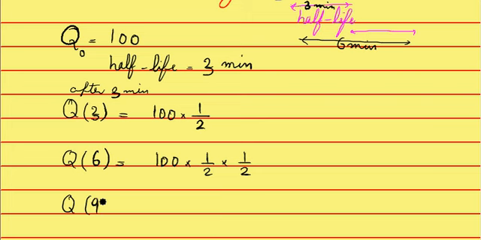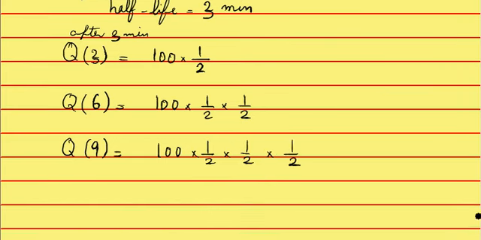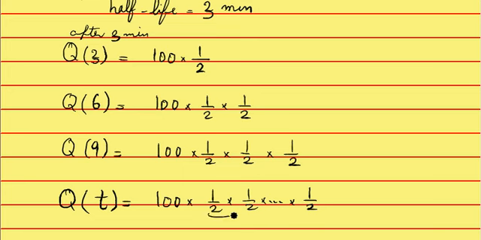If I wait 9 minutes, what's going to happen? Well, the game is going to repeat itself, and I'll be down to 1/8 of what I had at the very beginning. So what if I wait t minutes? How many of these multiplications would I have? Can you pause for a moment and give me a rule that can tell me how to figure out how many times to multiply by half?